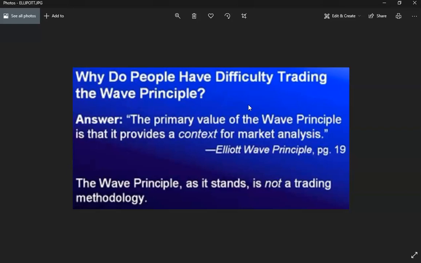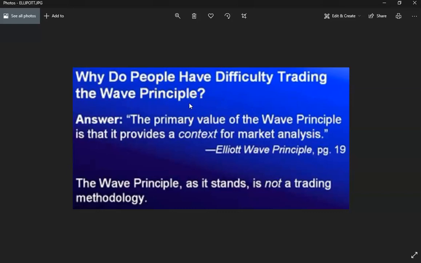One of his sayings was, why do people have difficulty trading the wave principle? He did one video explaining this concept.